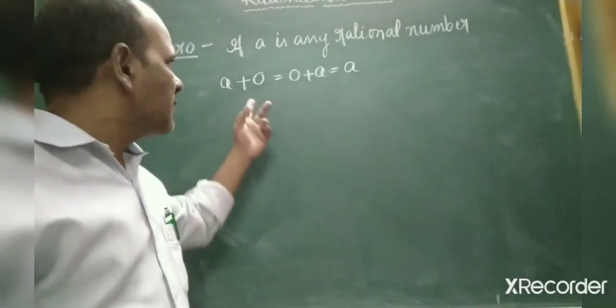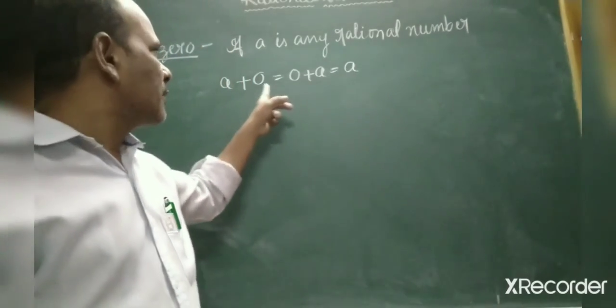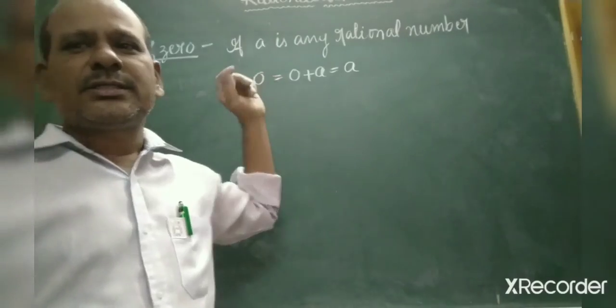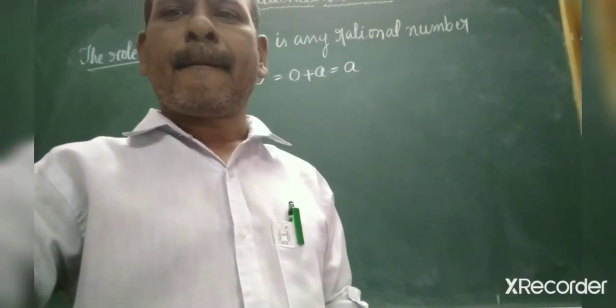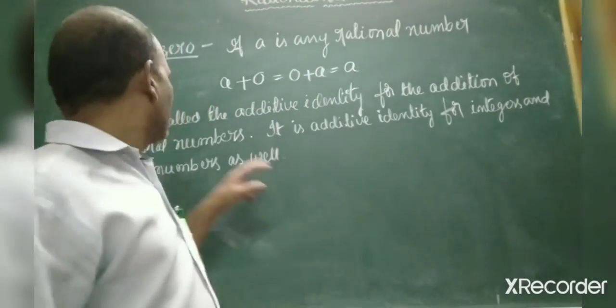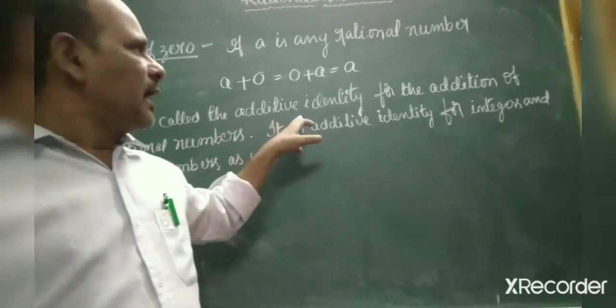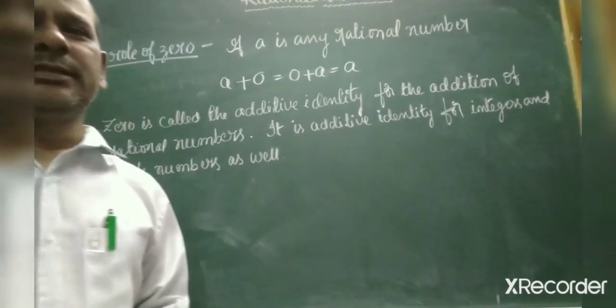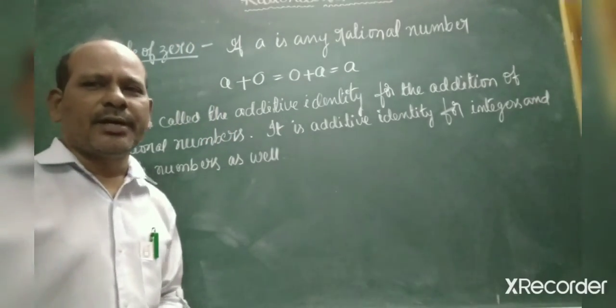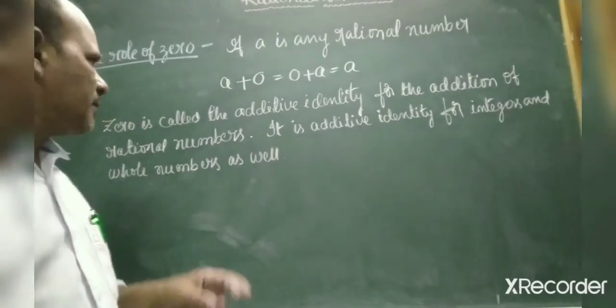Additive identity means the same number is coming again. So 0 is the additive identity in the rational numbers, for the addition of rational numbers.